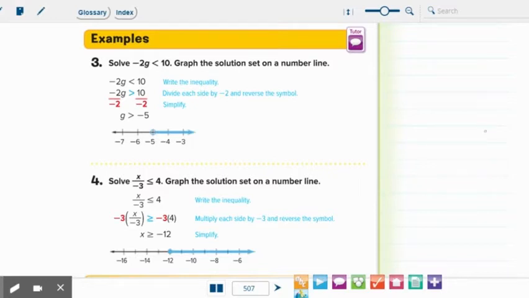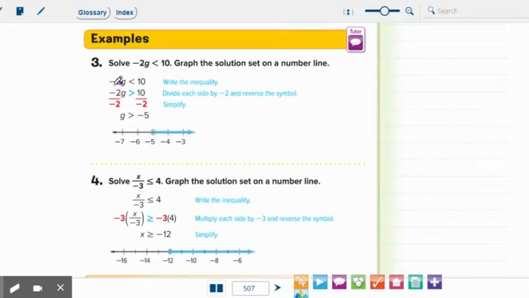Next, we'll take a look at examples 3 and 4. Number 3, solve -2g is less than 10. Graph the solution set on a number line. This is showing -2 times g. The opposite of multiplication is division, so we are going to divide both sides by -2.